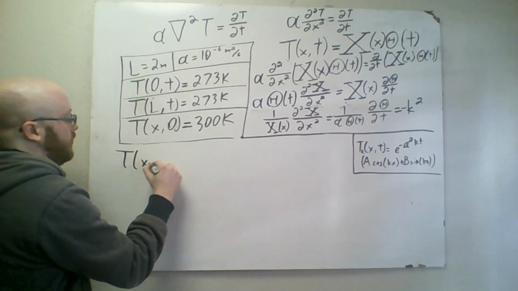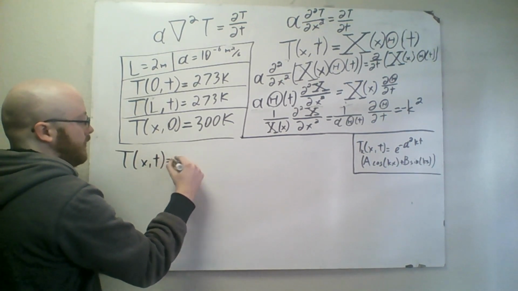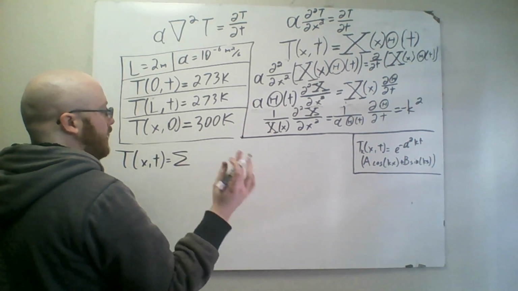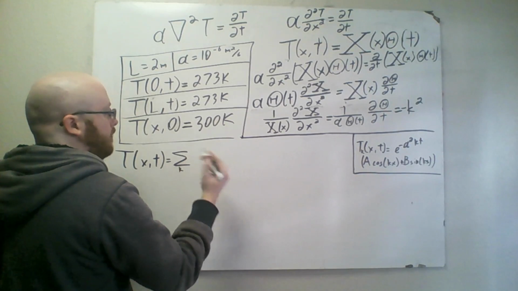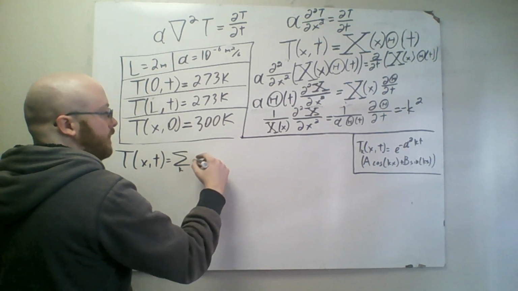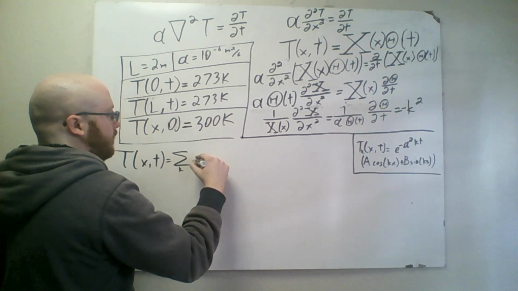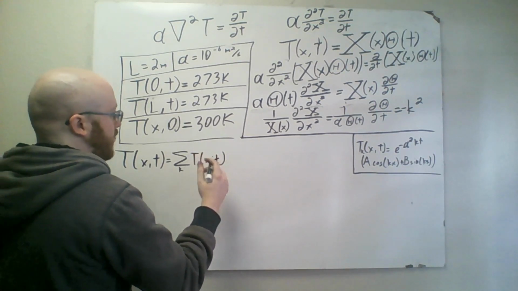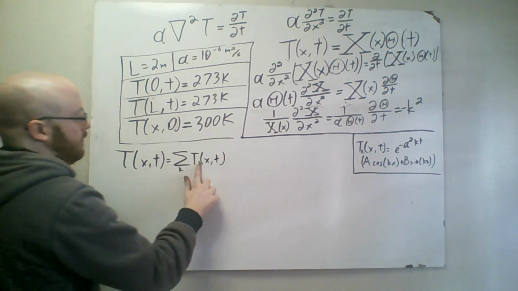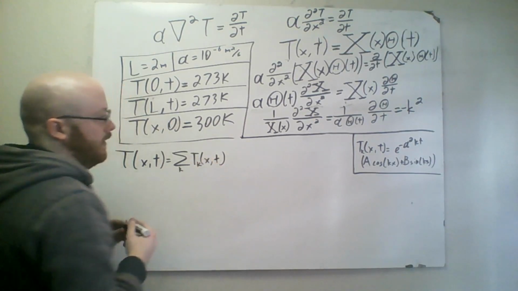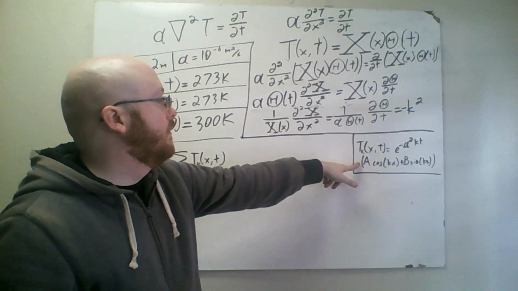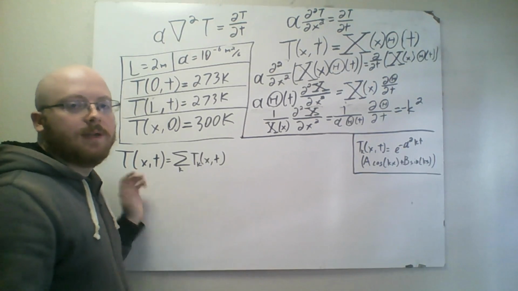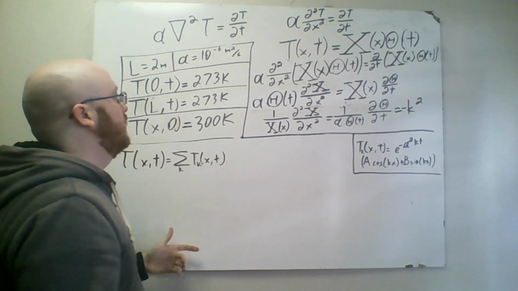Our total temperature as a function of x and time is equal to some kind of sum, any linear sum over all the k values of the T_k. This has the two constants in there, so it's already kind of taken care of. But I needed to express it like this. So now we can actually get working on this.